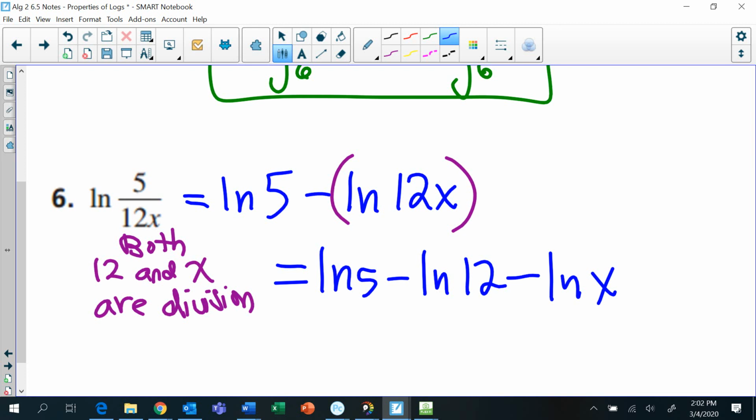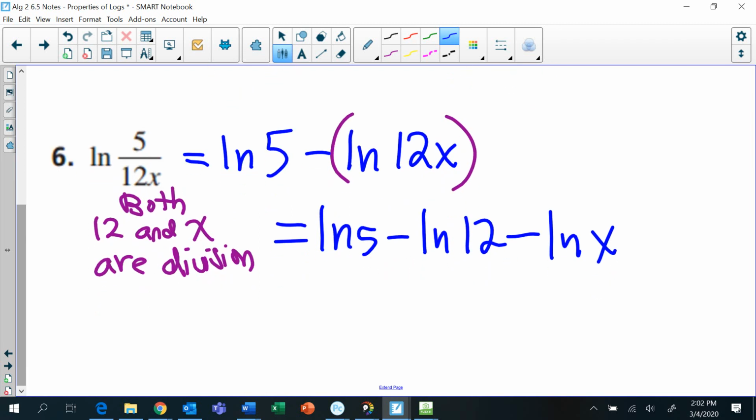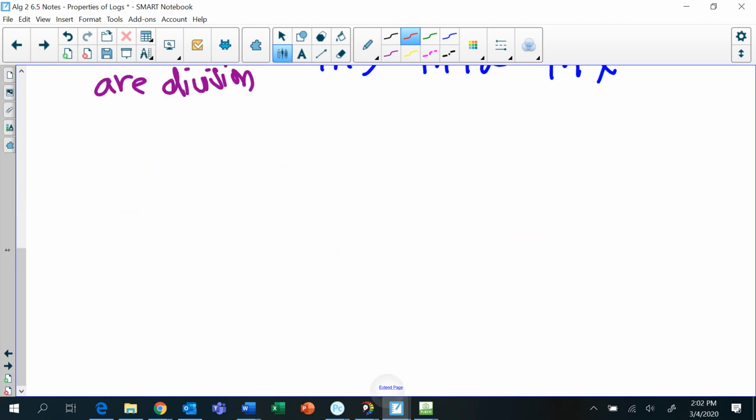Is that true all the time with ln? Or for log. It's not just ln. It's log. Yeah. So if it's always on the bottom, it would always be subtracted.